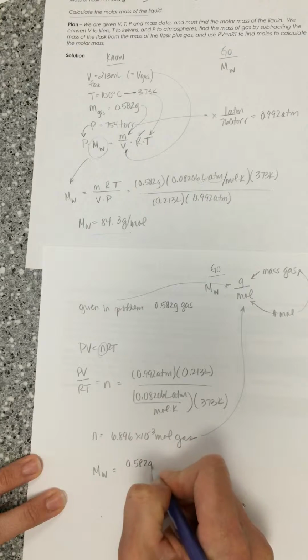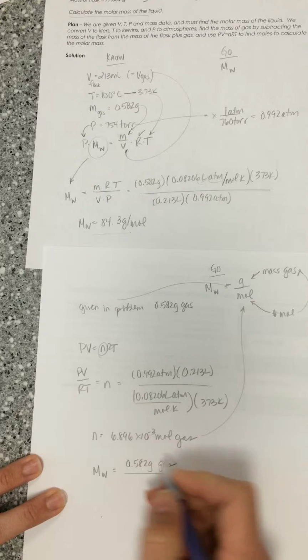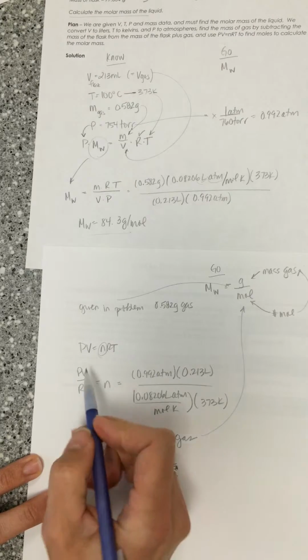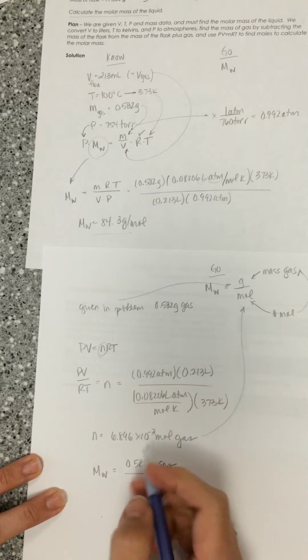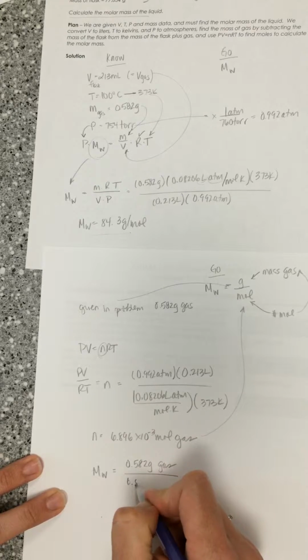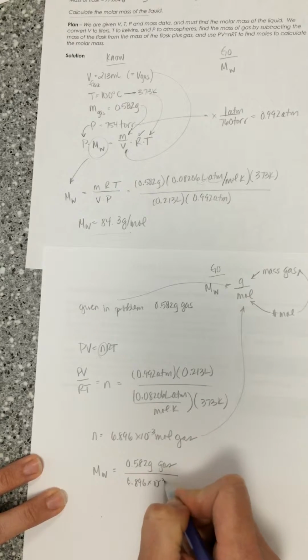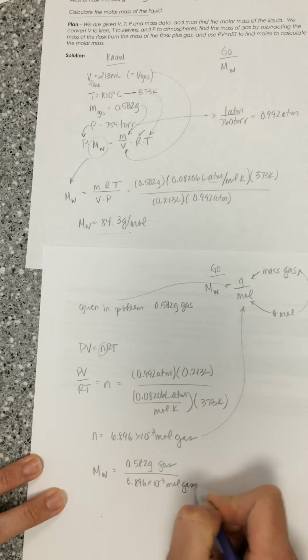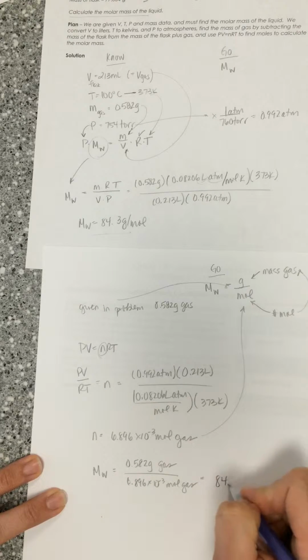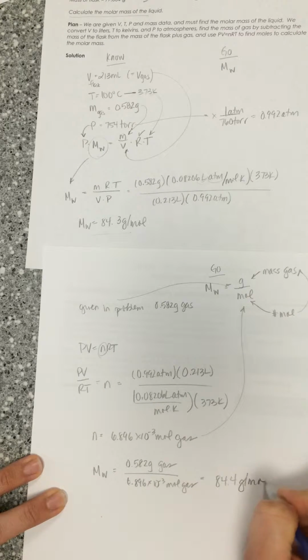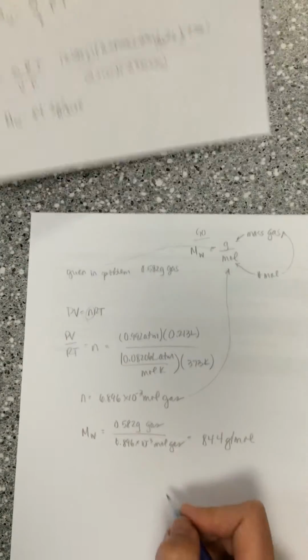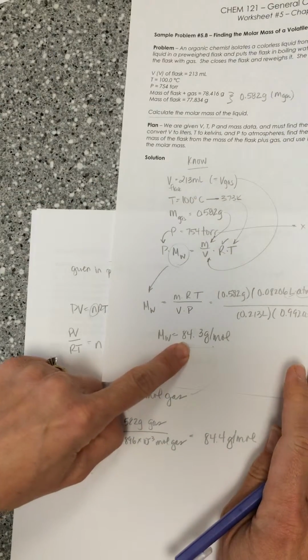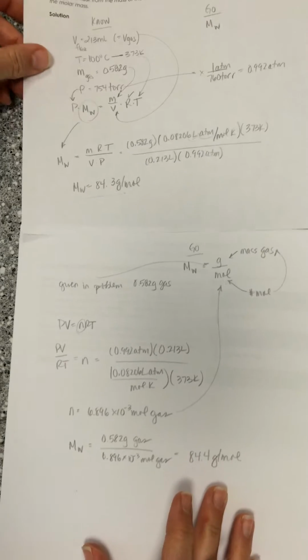So 0.582 grams of this gas is equivalent to, in terms of pressure, volume, and temperature, 6.896 times 10 to the minus third moles of gas, and that ends up being 84.4 grams per mole. So within experimental error, 84.3 grams per mole, we get the same answer.